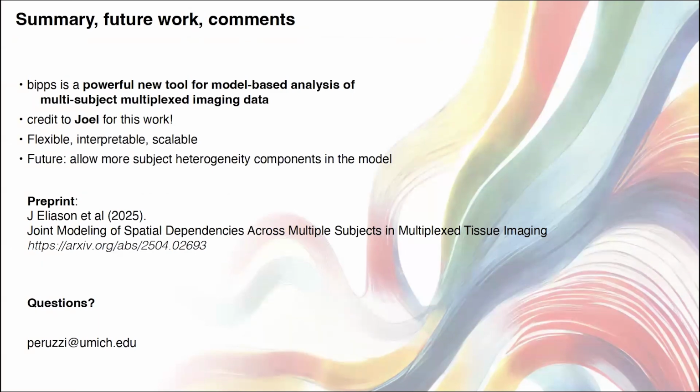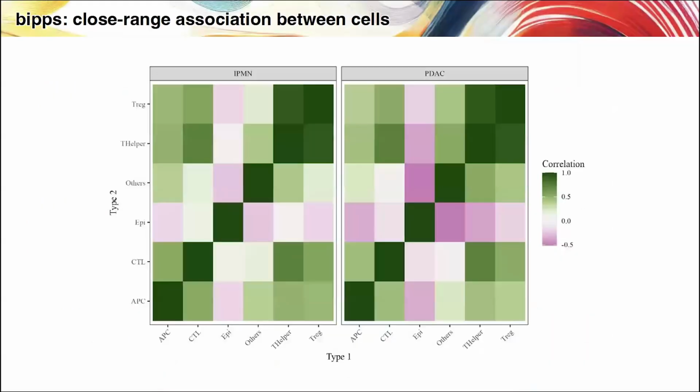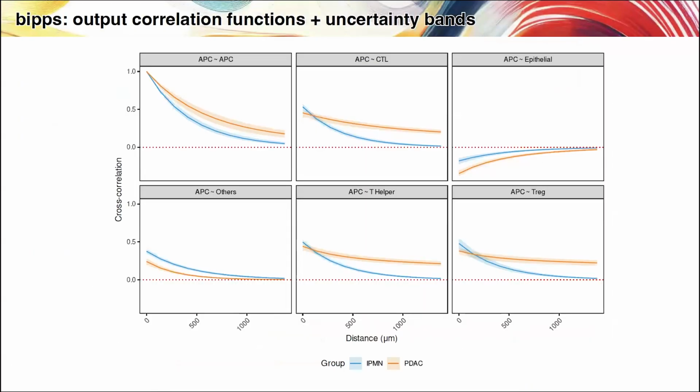In the future, I want to implement more complicated models where we can have covariates explain all of these differences. Right now, we have a single covariate, which is whether a subject belongs to IPMN or PDAC, and based on that covariate we get the differences between correlation types. But we may have more complicated covariates.